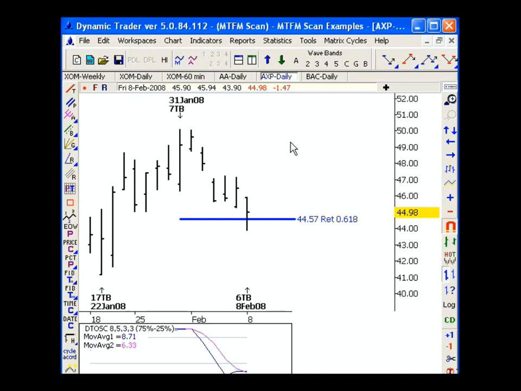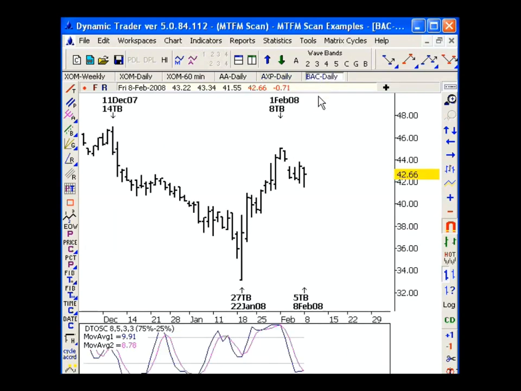Let's take a look at one more, BAC. So let's see, BAC is Bank of America, and it looks like it's in a similar position that the Alcoa was, in that we have the dual time frame momentum set up, but again, I don't have the time and price relationships on the chart, but it's obvious it hasn't reached at least a 50% correction in price.